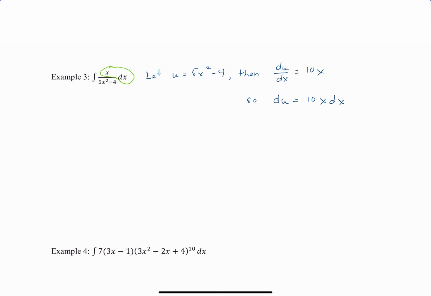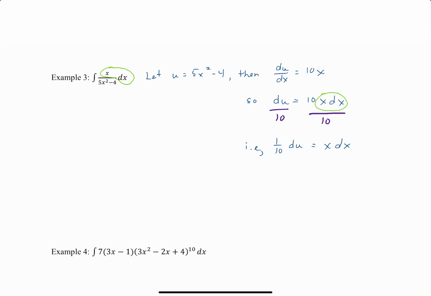And the trick is, since I have this x dx in the integral, if I solve for that by dividing both sides by 10, I can see that 1/10 du is what would go in for x dx.